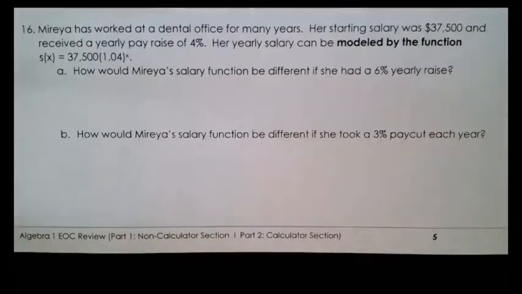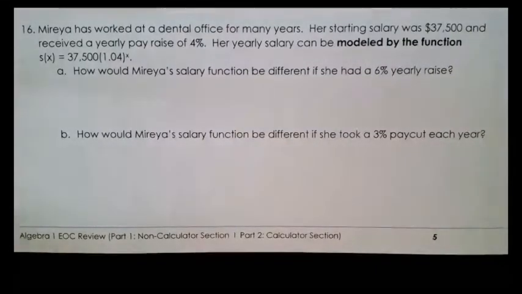Her yearly salary can be modeled by the function S of x equals 37,500 times 1.04 to the x power. How would Maria's salary function be different if she had a 6% yearly raise? And part B, how would Maria's salary function be different if she took a 3% pay cut each year?